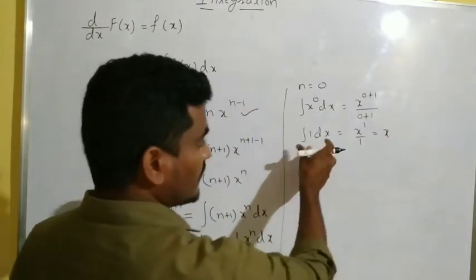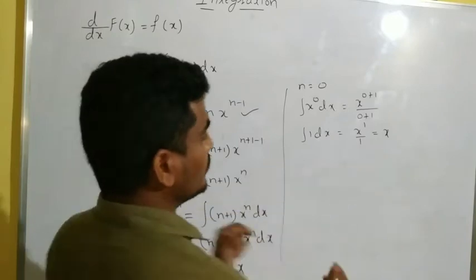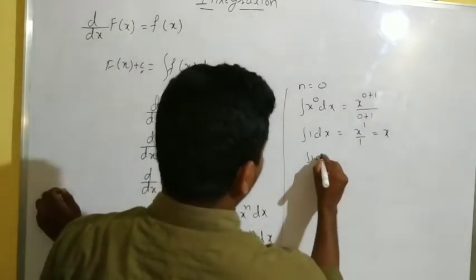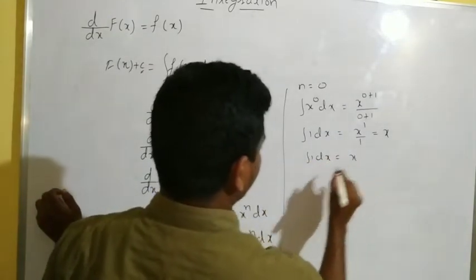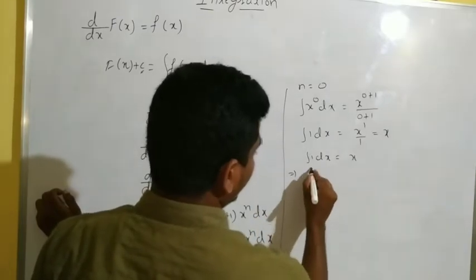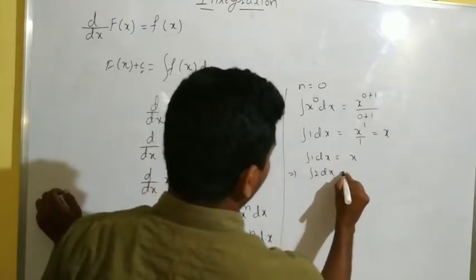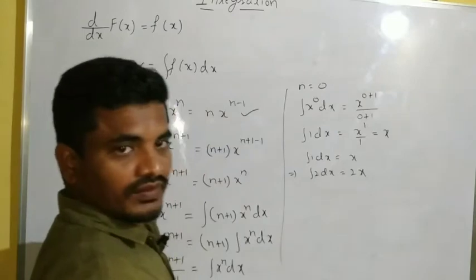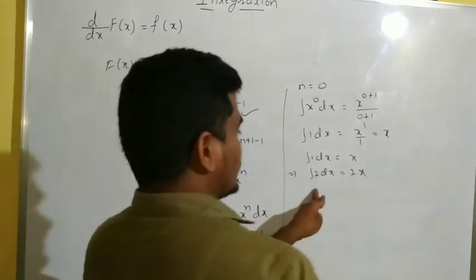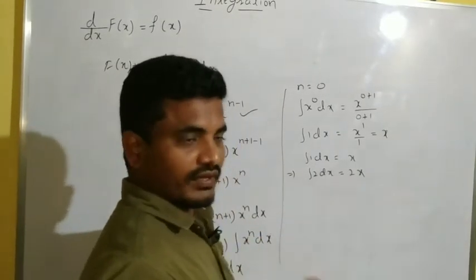So integration of 1 into dx equals x. This implies, for example, integration of 2 dx is 2x. Got it? Integration of 3 dx is 3x, like we can write.